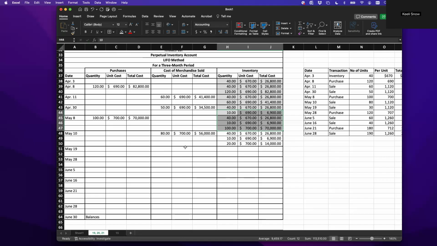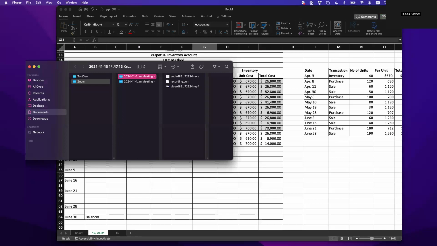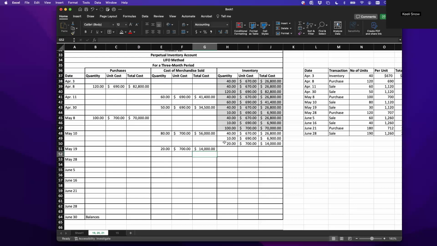May 19th, we made a sale for 30 units. My apologies. Now, we don't have 30 that cost us 700, but we do have 20 that cost us 700. So we're going to sell all 20 of those ones that cost us $700. So these 20 are now gone. We need to sell 10 more, right?